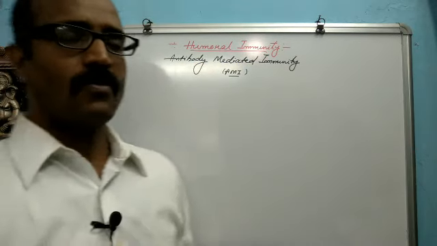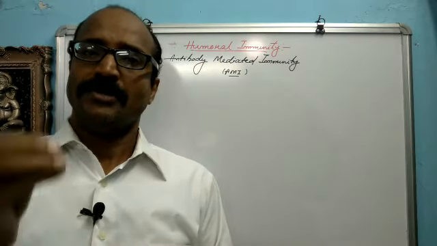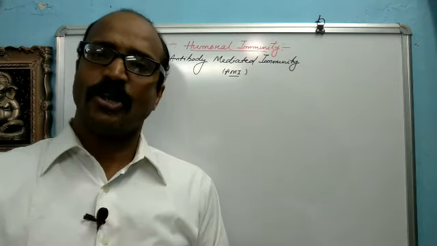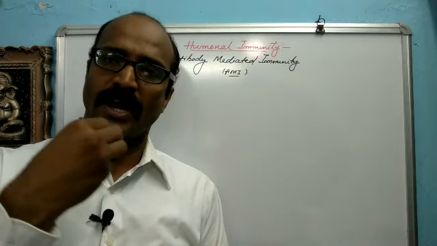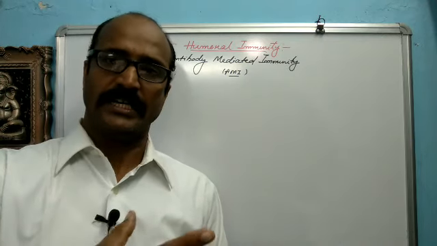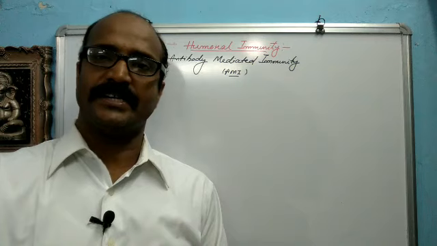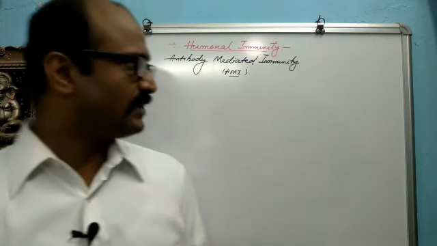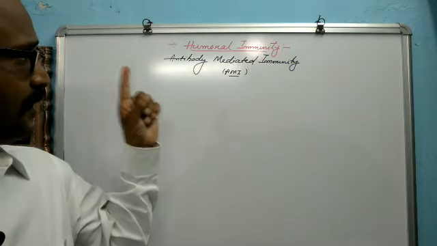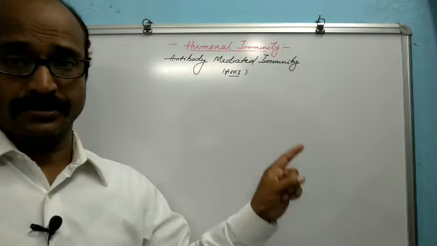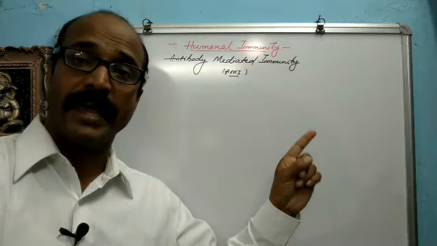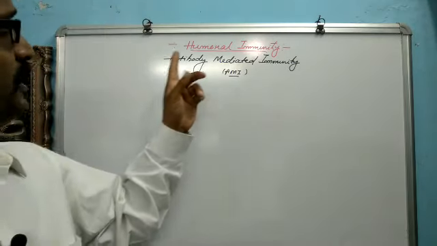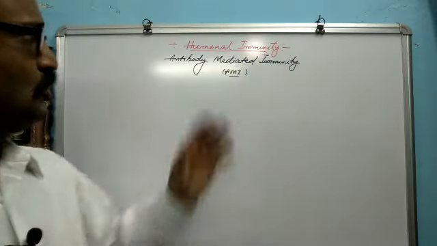Here the immune cells produce some proteins, and such proteins try to neutralize, kill, or inactivate the pathogens or the antigens. That's why the antibody is directly involved in the fighting mechanism against the pathogen, and that's why it is known as antibody mediated immunity.